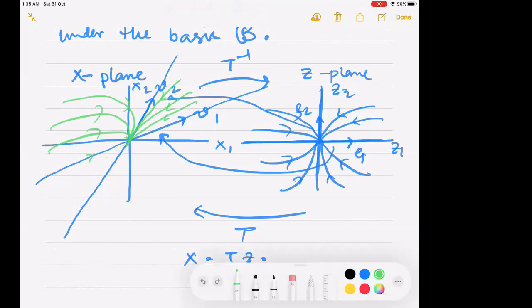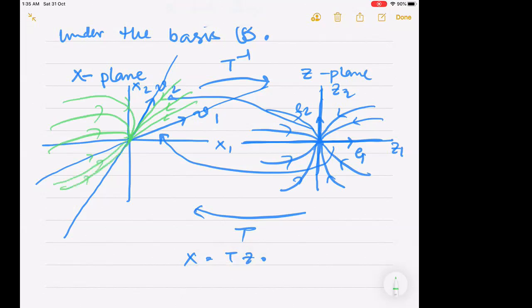So geometrically, we're just doing a change of coordinates.